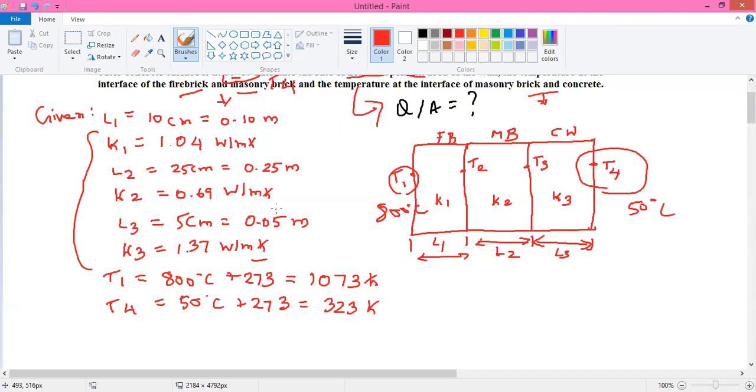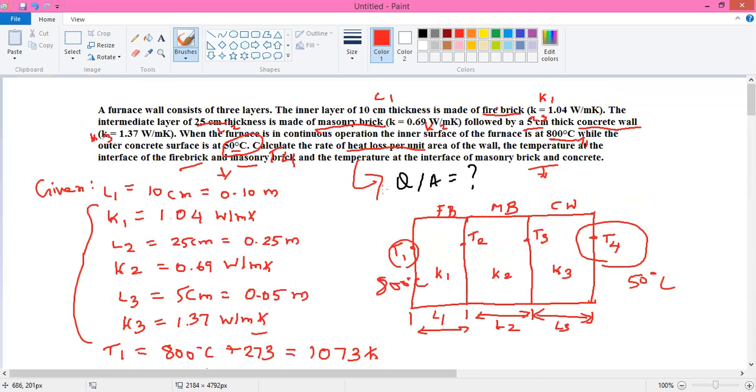So next we find the temperatures. We calculate the heat transfer rate per unit area, and the temperatures T2 and T3 we do not know. Okay, so what do we find from this problem? That is the heat transfer rate, the temperature between the fire brick and masonry bricks, and the temperature between the masonry bricks and the concrete wall. These are our unknowns.